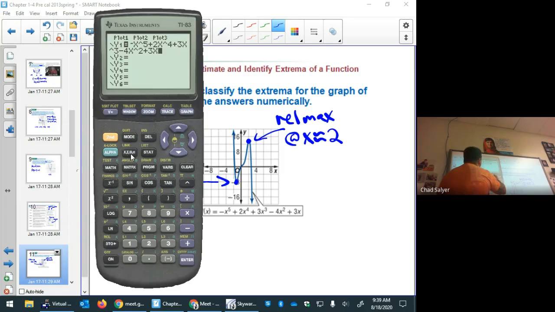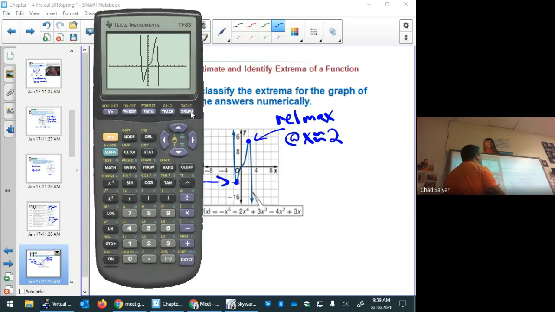And then graph on the standard window, so zoom 6. It'll be a little different because this goes up to 16, but yeah, we'll need to go up a little higher. So let's change the window to have a Y max of 16. There we go, that captures the min and the max well.